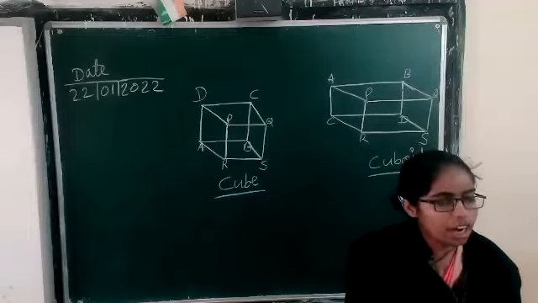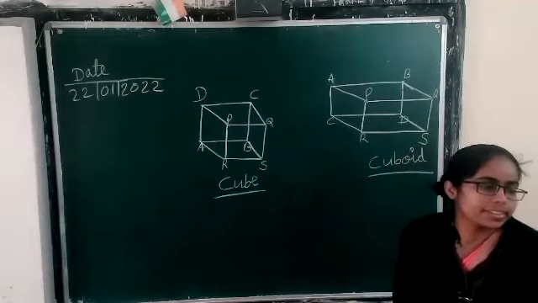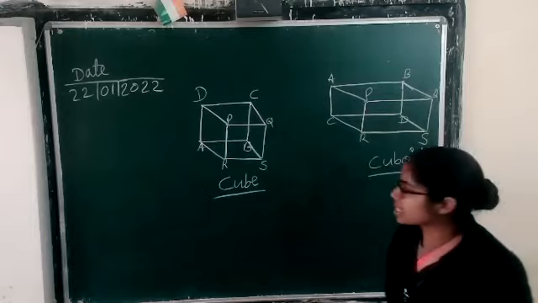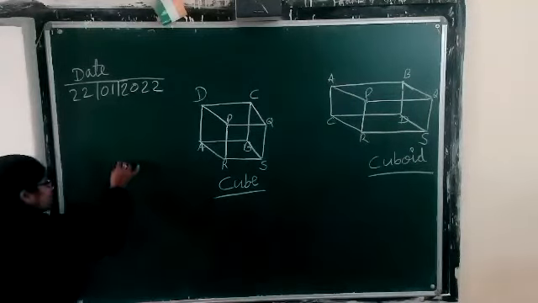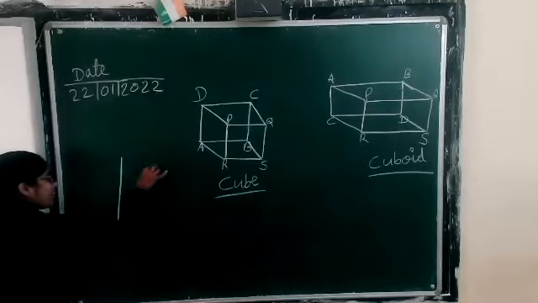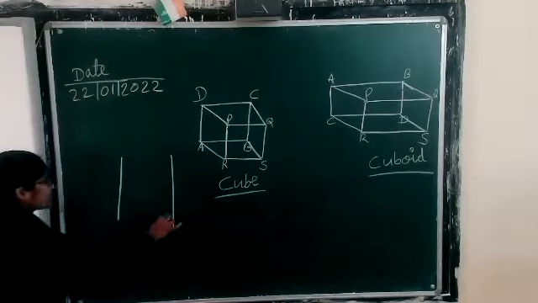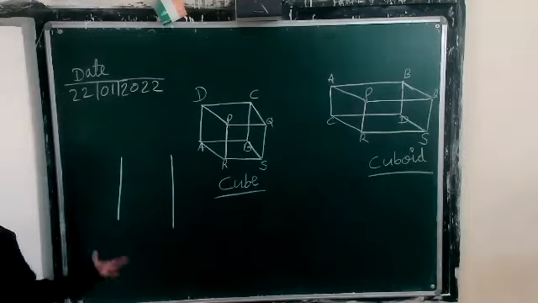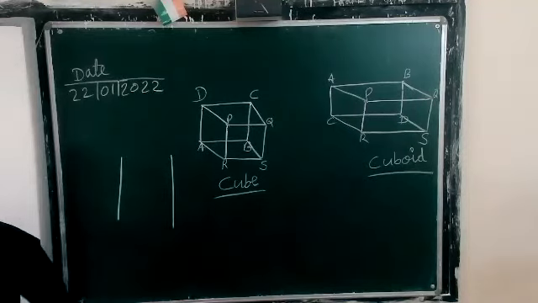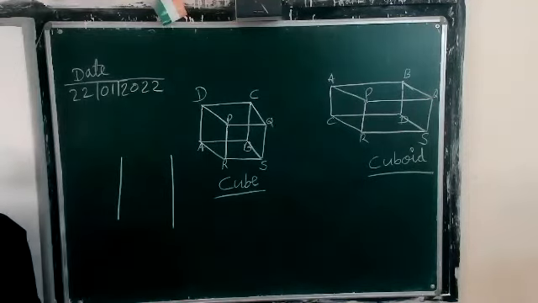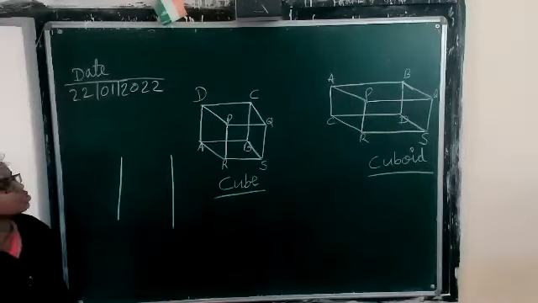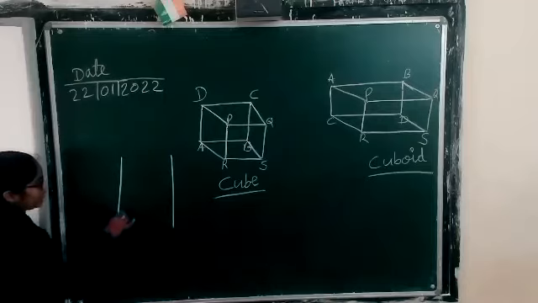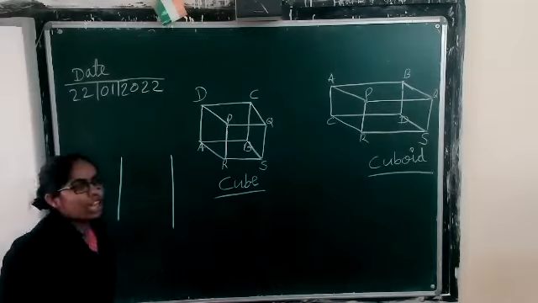Now we will learn how to draw a cylinder. Draw two parallel lines like this, one on this side and one on that side. This is a cube, this is a cuboid, and this is a cylinder.